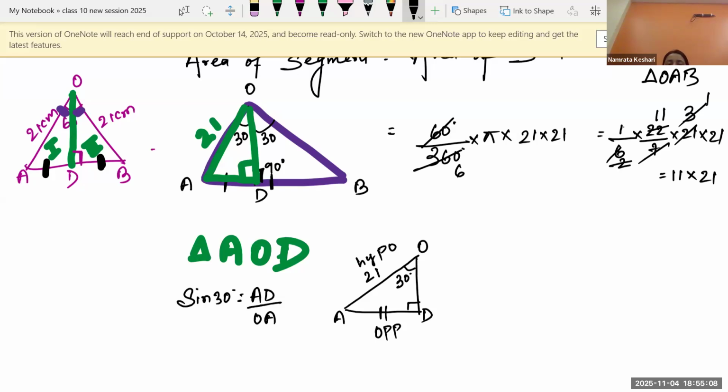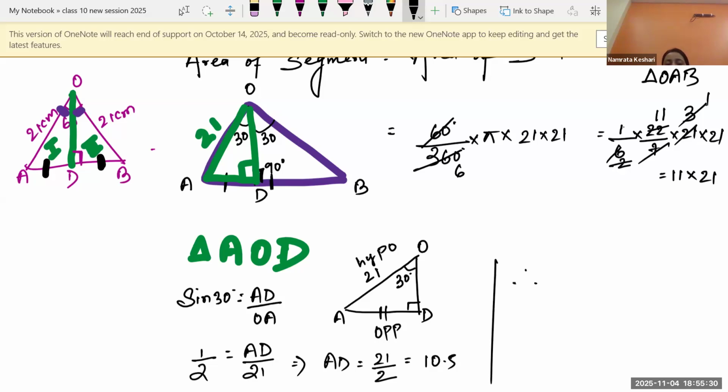Sine 30 value is 1 by 2. AD we want to find. OA we already know. Now from here AD is 21 by 2. It is coming in decimal, completely fine. That is 10.5. Now we know AD and BD are equal, so BD will also be 10.5.